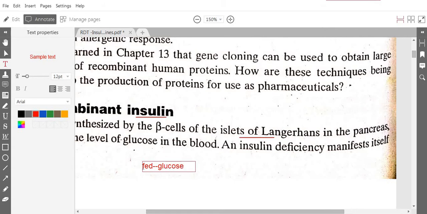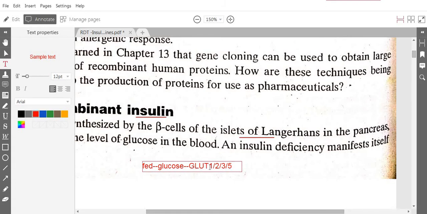So we need to transport glucose from the blood to the cell, and for this, the cell may have several receptors known as the GLUT receptors. Maybe GLUT1 or 2 or 3 or 5. These types of receptors are present on the surface of the cell. GLUT stands for glucose transporter, GLU means glucose and T for transporter.